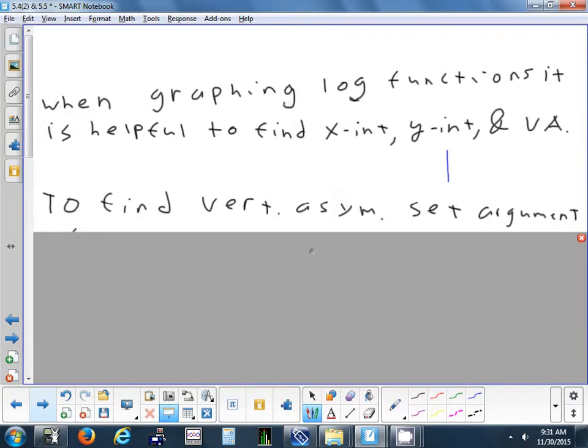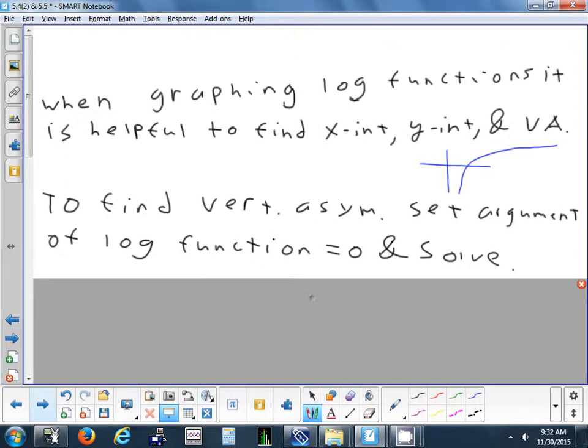For example, if you had a log function that looked like this, that graph's never going to cross the y-axis. It'll always cross the x-axis, because log functions go up and down forever. So if you go up and down forever, at some point you're going to cross 0. But not always a y-intercept.